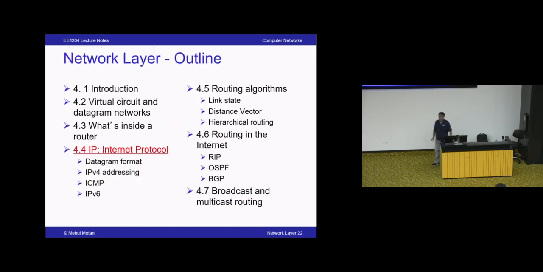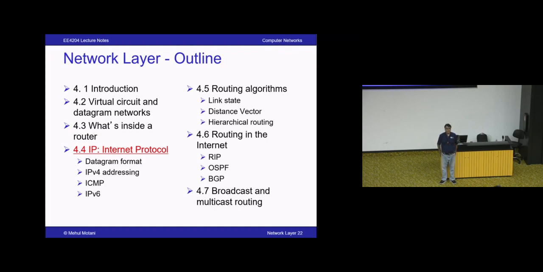Okay, let's move on. We're going to talk about IP now. IP is the Internet Protocol. It's the addressing mechanism that's used at the network layer. So we already saw there's an addressing mechanism at the link layer, which is what? What was the quote-unquote addressing mechanism used at the link layer?